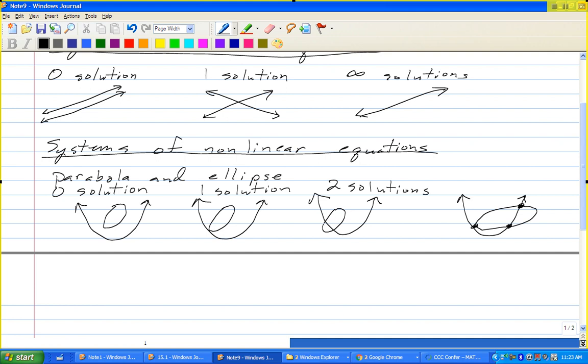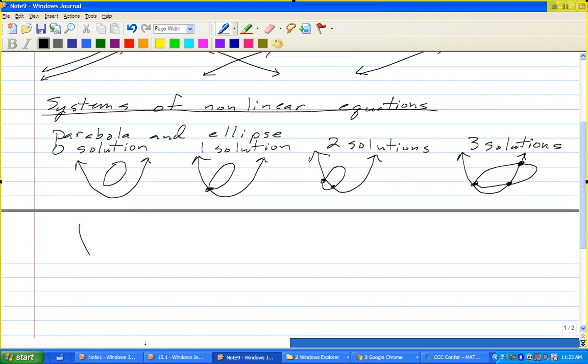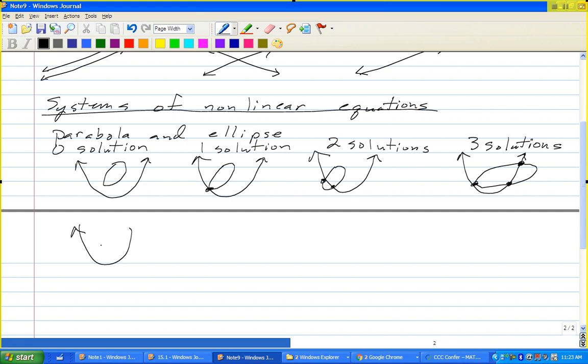So you could have 1, 2, 3 solutions, or even possibly 1, 2, 3, 4 solutions.